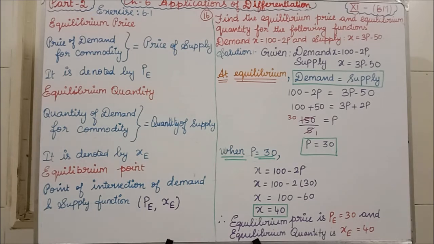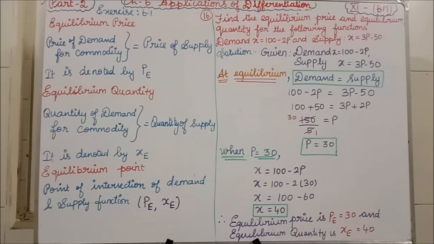Clear all of you? Equilibrium point is nothing but, at the same price, buying the same quantity. For equilibrium price and equilibrium quantity, demand is equal to supply, isn't it?